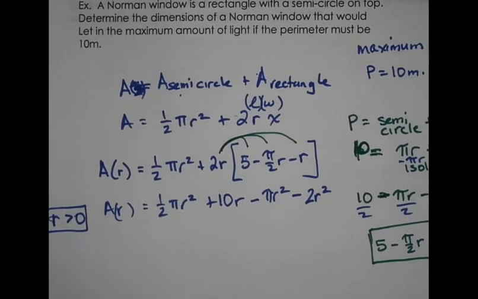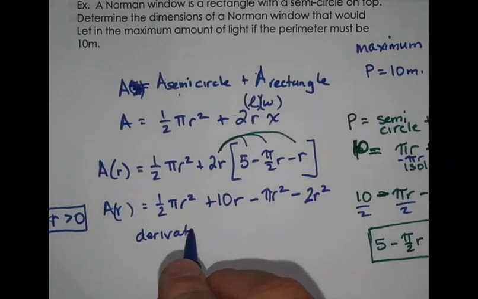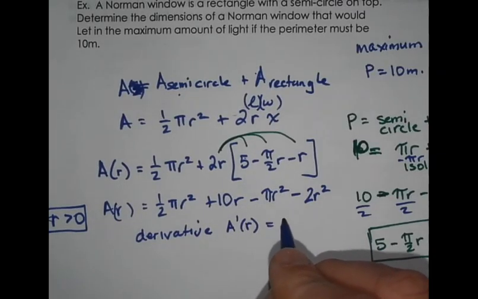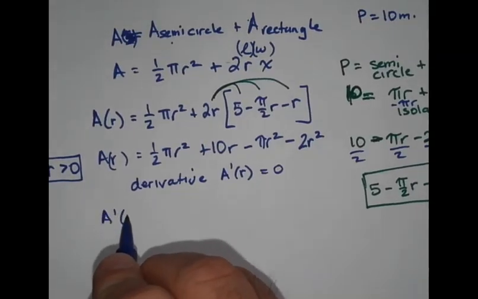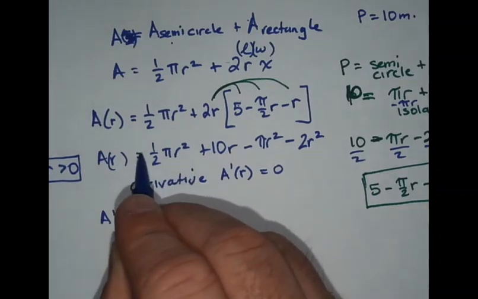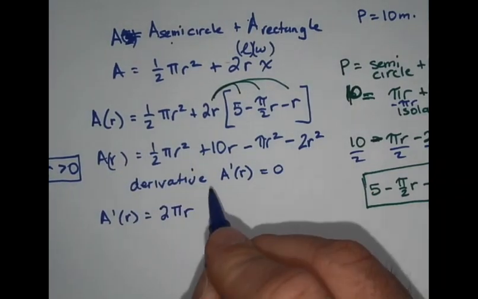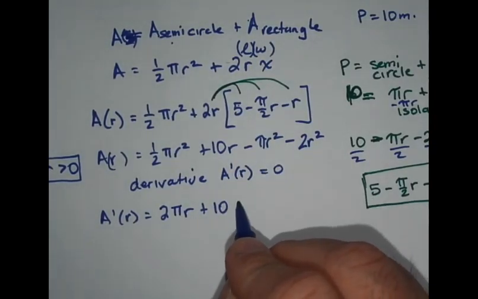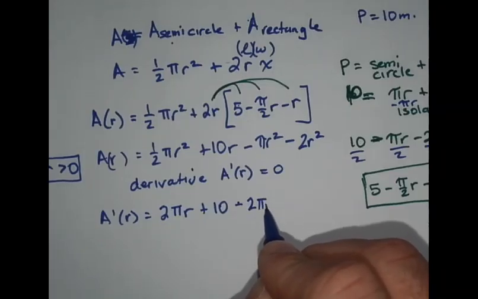Okay, so now we just want to find the derivative, and then we're going to set it equal to 0. Derivative of that, so 2 comes out front, so that would be just 2 pi r. Derivative of that is just 10. The derivative of that is minus 2 pi r.